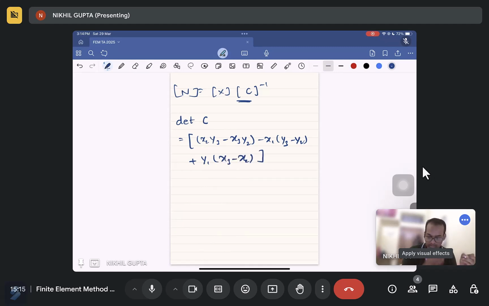When you simplify it, x2 y3 minus x3 y2 minus x1 y3 minus x3 y1 plus x2 y2 minus x2 y1. So this is the determinant of the C matrix.